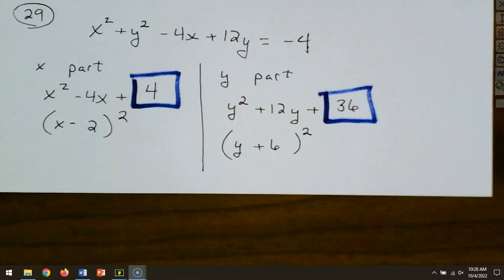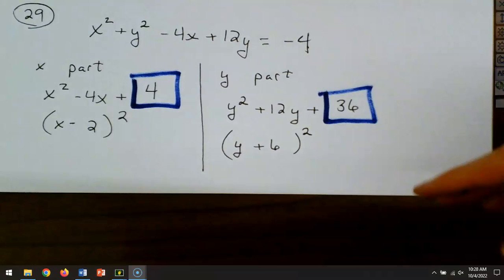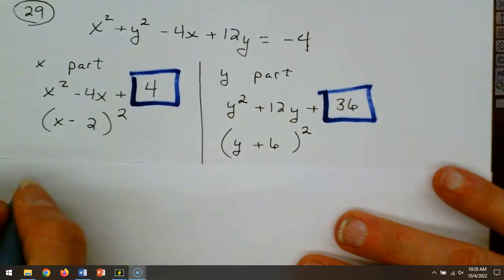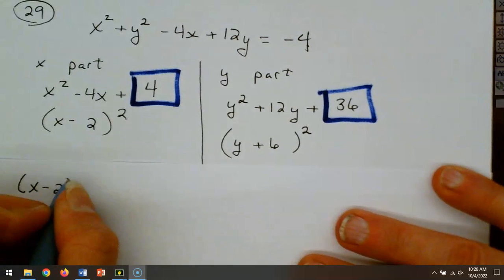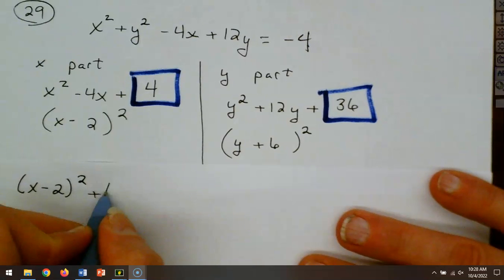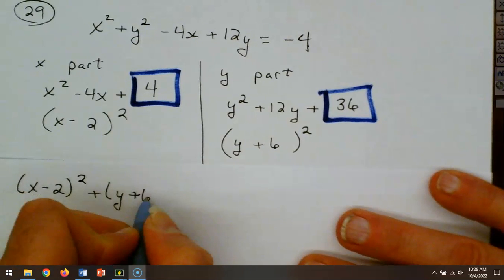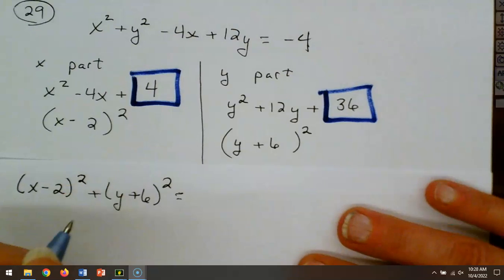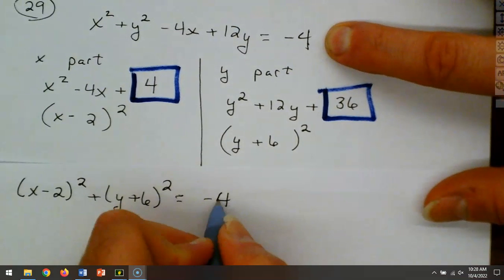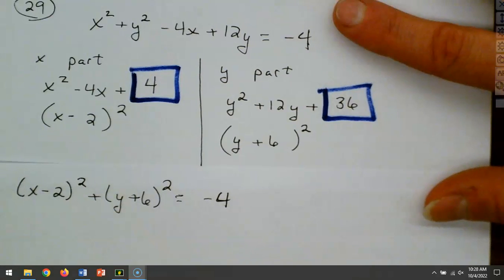Now we rewrite it. One more step and we're done. The hard part is all over. So when we rewrite this, we have an x minus 2 quantity squared plus y plus 6 quantity squared. Now the right-hand side still has the negative 4. We need to keep track of the boxes as well.